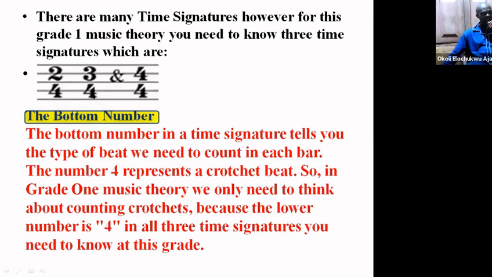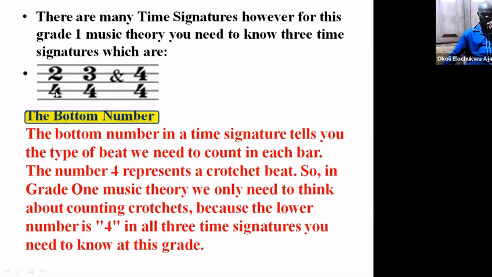Instead of calling it 3 crochets, because it will take a lot of space to write 3 and then crochet beneath, they use the time name. We did time names, and the best and simplest way to talk about it is to see 1/4, eliminate the 1 on top of the 4, and use that 4 as a crochet.